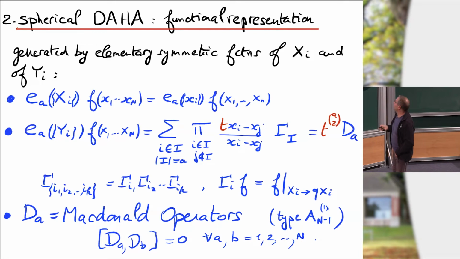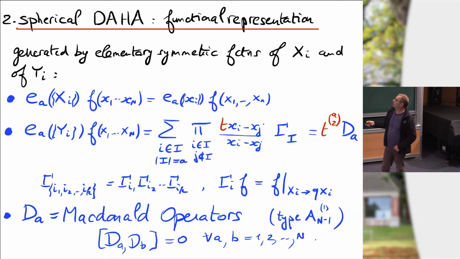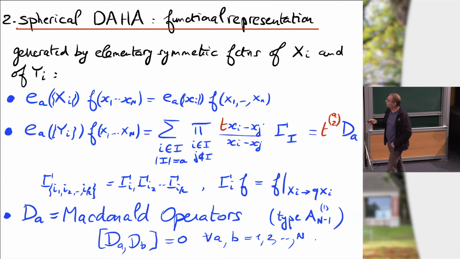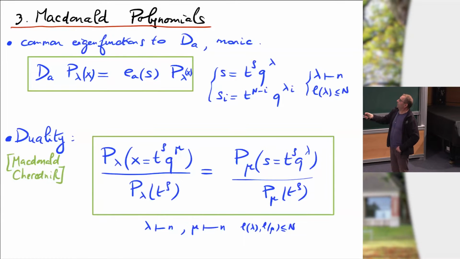Thank you. So what you can prove is that these D_A commute among themselves, and these are the famous type A_{n-1} Macdonald operators. And so, like I said, their common eigenfunctions are monic. So you can normalize the eigenfunctions so that they are monic.